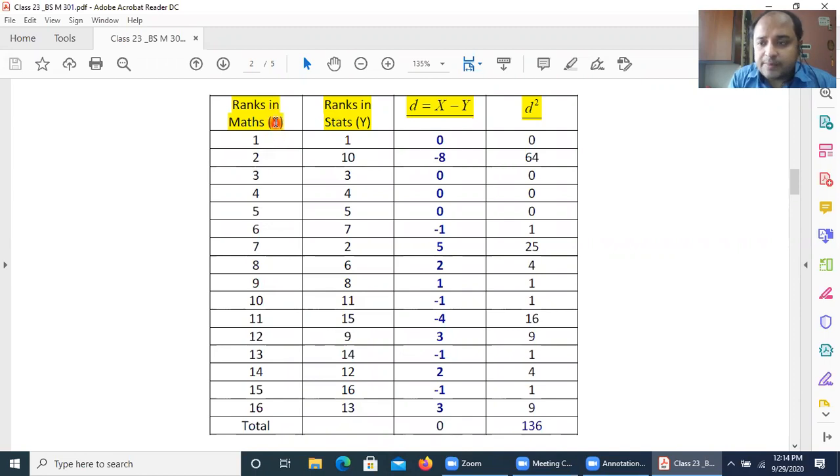Ranks of mathematics have been denoted by capital X, and ranks of statistics by capital Y. And you see all the numbers here are different from the corresponding numbers on the right hand side. This is a special problem, a very ideal situation. The situations in actual cases are not that ideal.